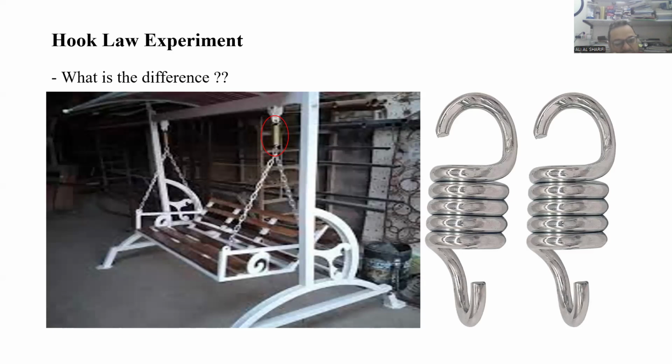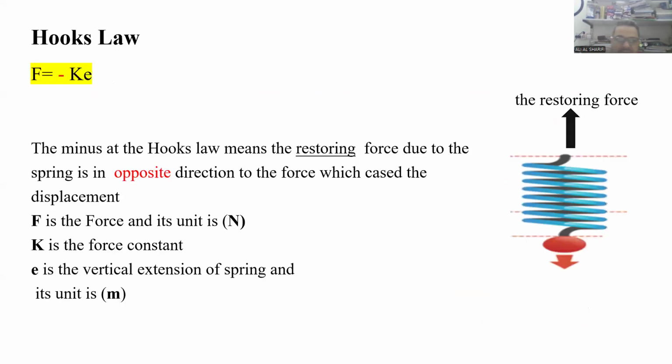And what about another difference, more scientific? We will say the K constant of this spring with the bigger cross area is much more than the others. Okay? We will explain that deeply.